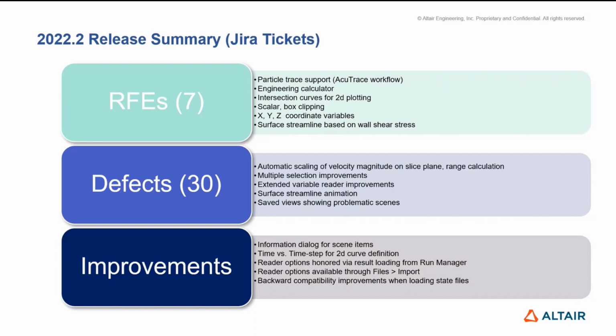This is helpful for users who may need some of the extended nodal output, but don't necessarily need all of, say, the gradients or some of the residual information. We've added the ability to do streamline animations, which is helpful for cutting a video from a steady state time step. And then we also fixed some of the issues with saved views.